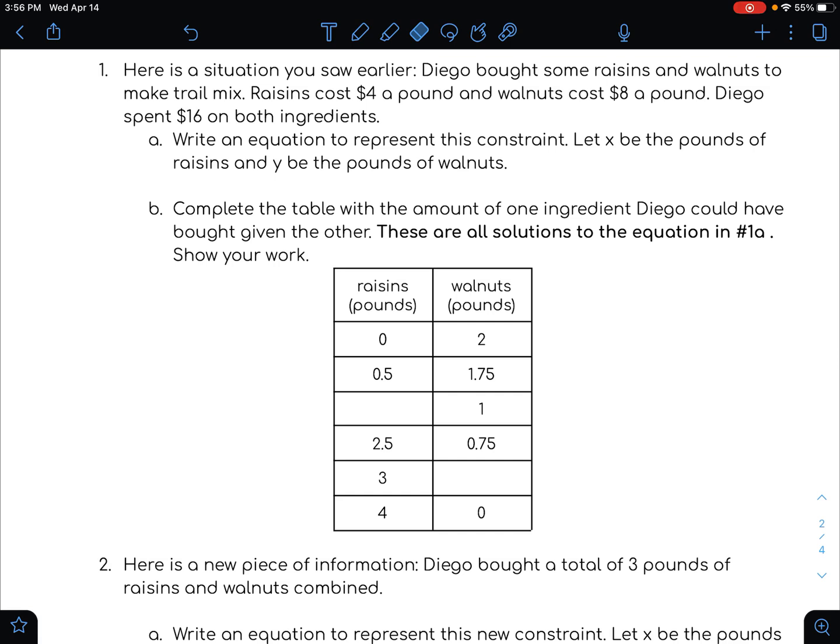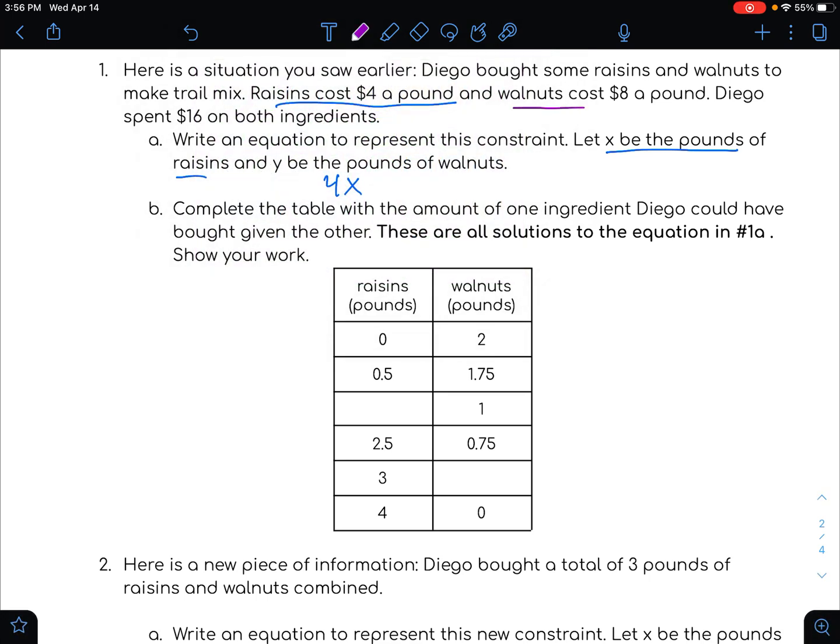Let X be pounds of raisins and Y be pounds of walnuts. So maybe you were thinking about this on the first page because we worked on writing equations that are very similar to this. So raisins cost $4 a pound, and since that is going to be our X variable, that is kind of like 4X.